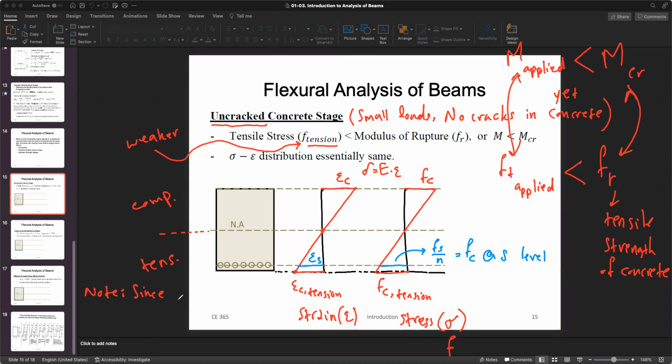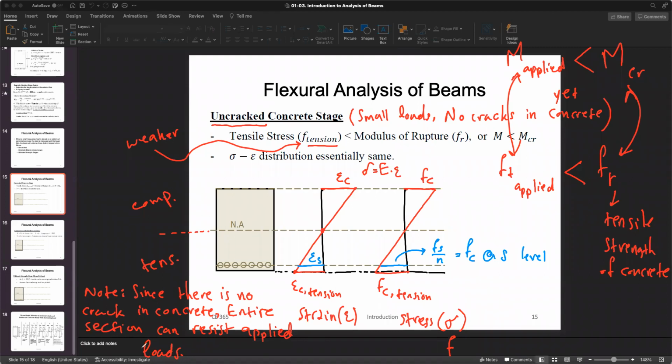Since there is no crack in concrete, the entire section can resist applied loads.